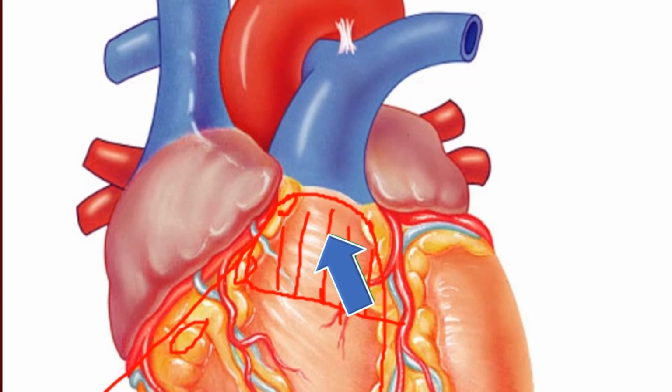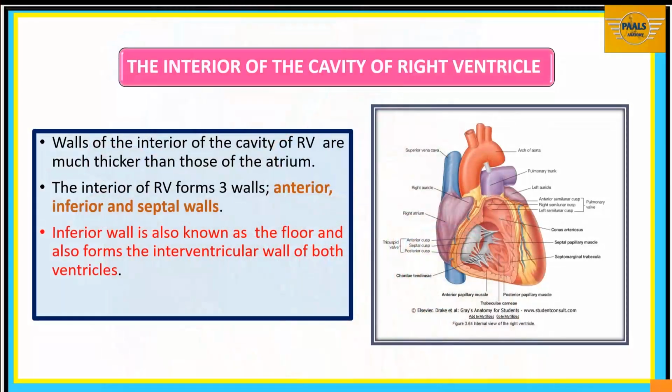This part is the part that leads to the pulmonary trunk, and here is the pulmonary trunk as it moves up and then divides. The walls of the interior of the cavity of the right ventricle are much thicker than those of the atrium.